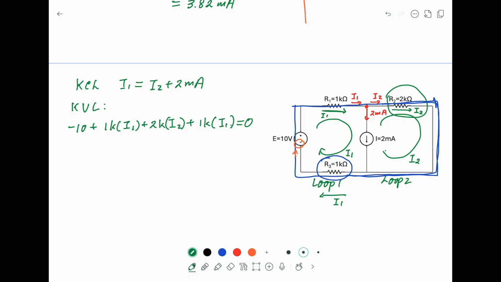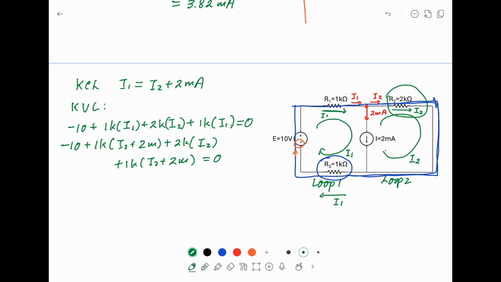Now we can substitute I1 or I2 into the equation. Because I1 is equal to I2 plus 2 mA, we can just substitute: minus 10 plus 1K (I2 plus 2m) plus 2K I2 plus 1K (I2 plus 2m) equal to 0.